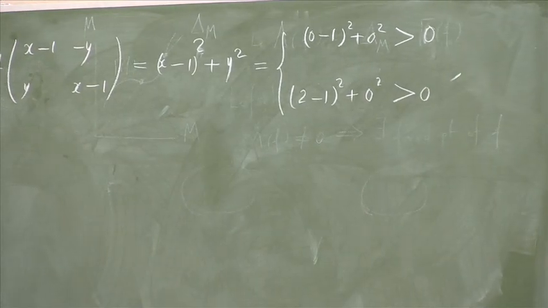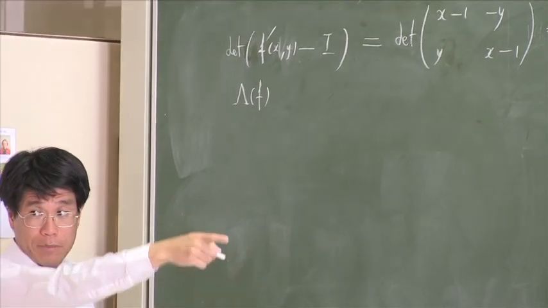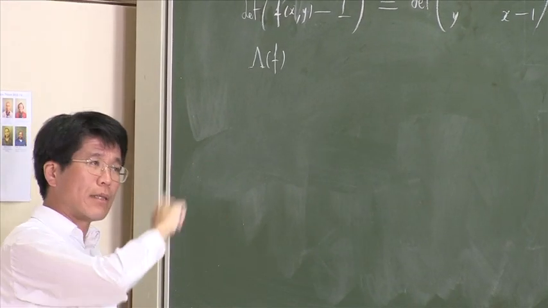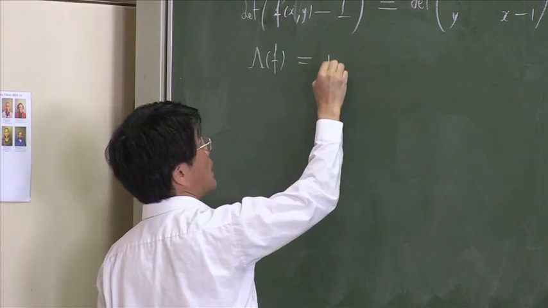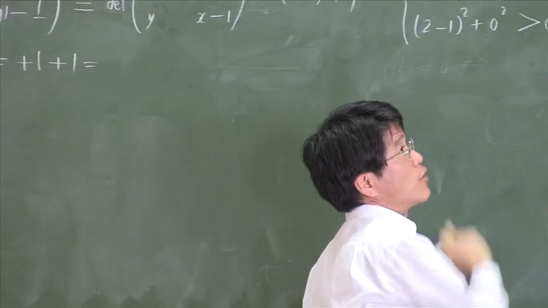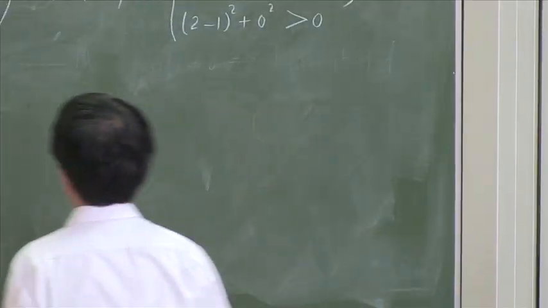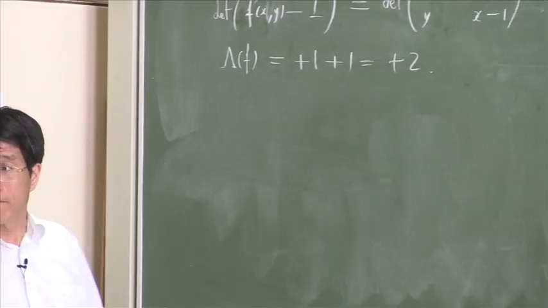So the Lefschetz number, unfortunately this number is not isotopy invariant because the manifold is not closed. But that's okay, we're just practicing calculation. This Lefschetz number is plus 1, plus 1, that's positive, so the sign is positive and positive is equal to plus 2. That's how you calculate. All right?